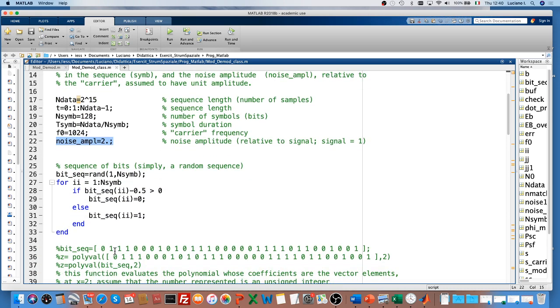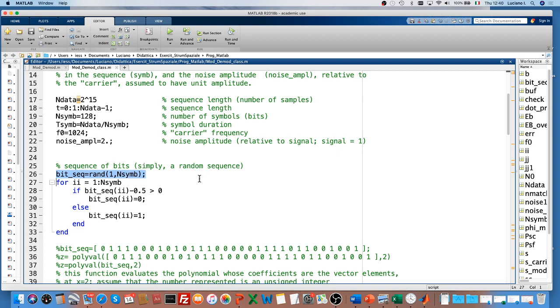So let us go quickly through the code. I first compute a sequence of bits. To generate the sequence of bits, there are several ways. Here I use this function that Matlab provides.